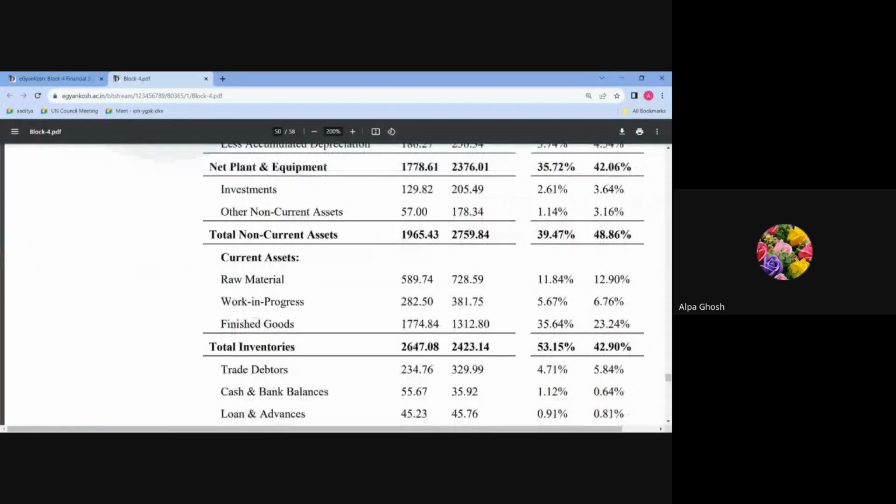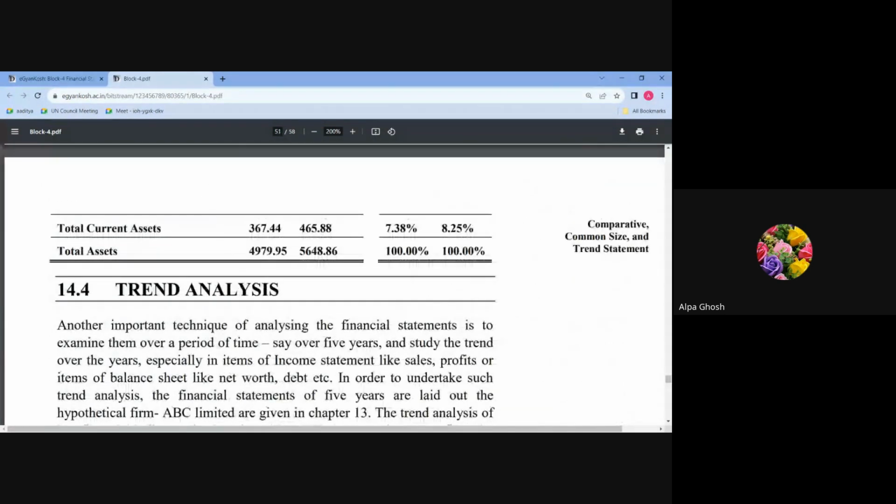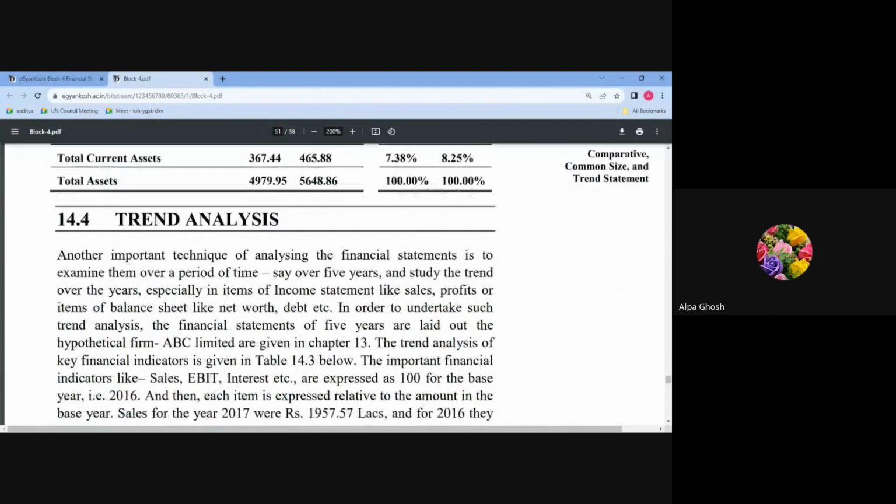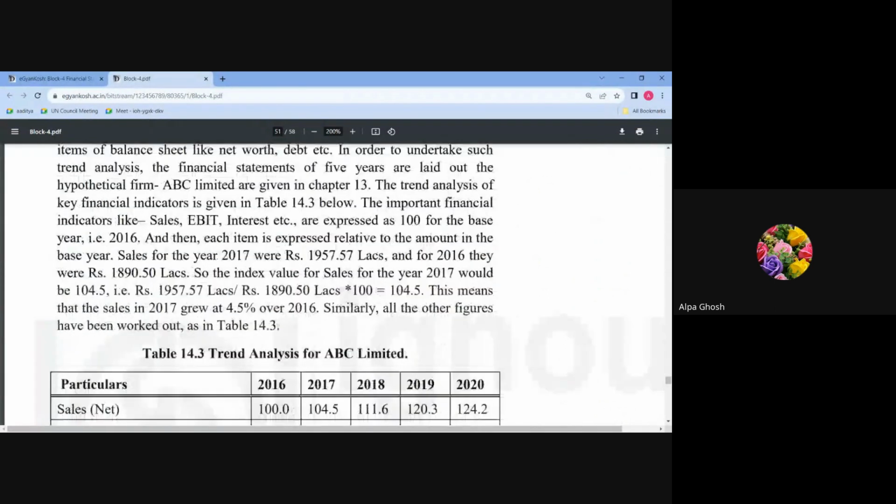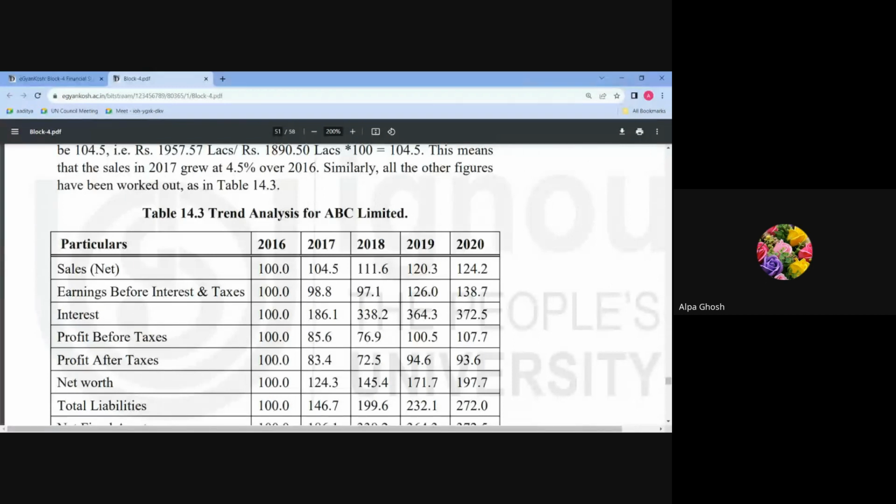Same way, when we go with the assets, we will take into account the total of current assets, fixed assets, and all. The third part is the trend analysis. In trend analysis, we try to find out the trend. Trend means whether there is an increase or whether there is a decrease.